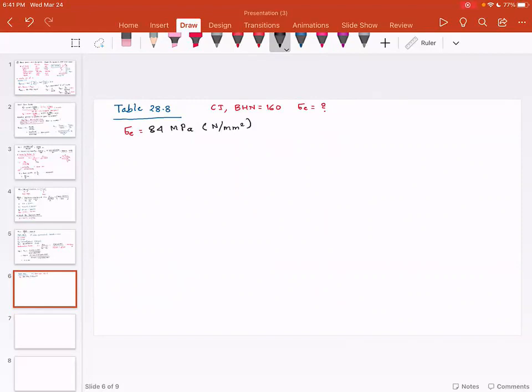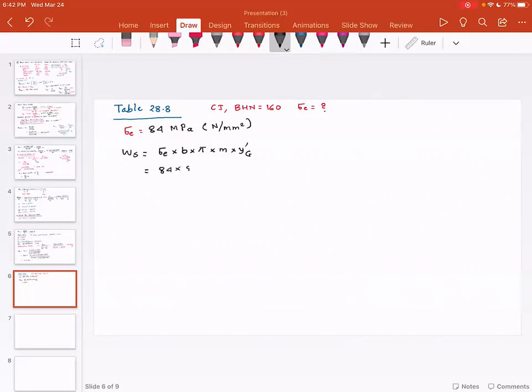So what we need to do is find out WS. WS is given as sigma E multiplied by B multiplied by pi multiplied by M multiplied by Y prime G. Value of sigma E is 84.